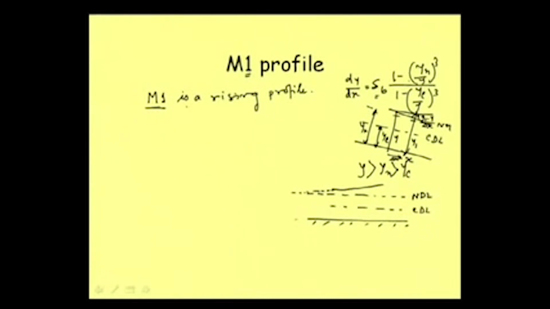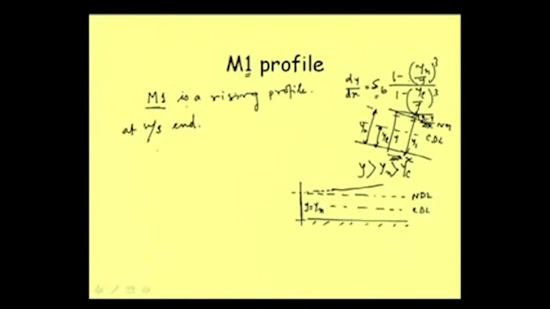We can call this point, this section, the starting of the gradually varied flow profile, and from here it is rising, but at the extreme upstream end we get that y is equal to yn, that is, the normal depth and the depth of the profile are equal. That is bound to be, because it is coming down like that. Now, if this is the situation, let us see what will happen at the upstream end of the gradually varied flow profile.